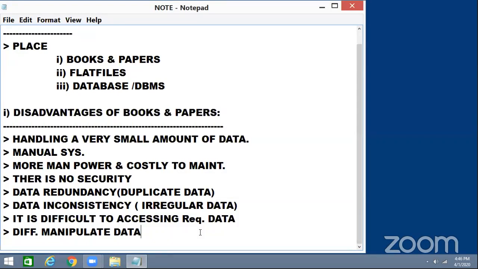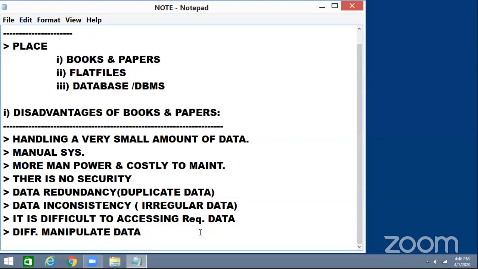Later, accessing your required data from your book is a very time-consuming process, and accessing particular information is also very difficult. Manipulations are nothing but changes and modifications; if you want to do a modification, that is not possible.